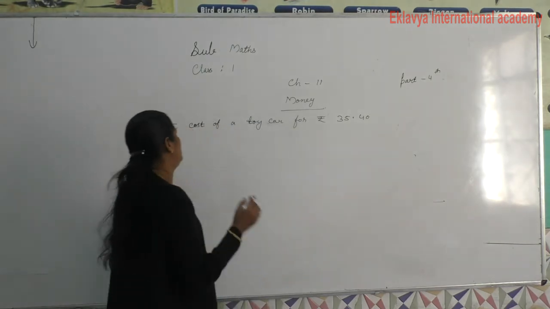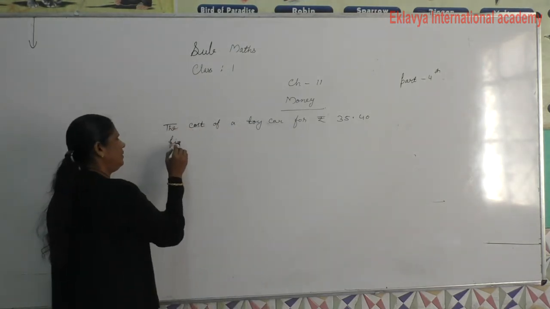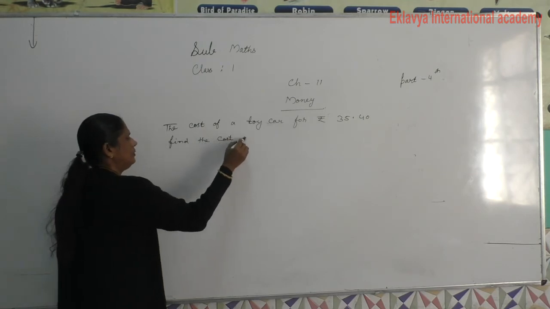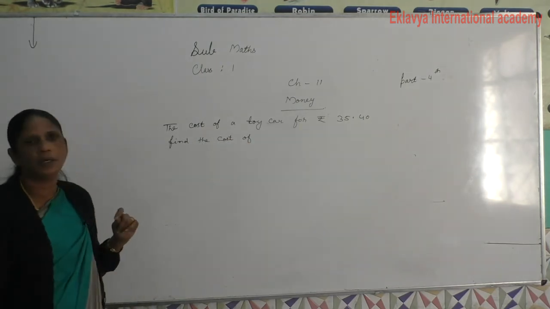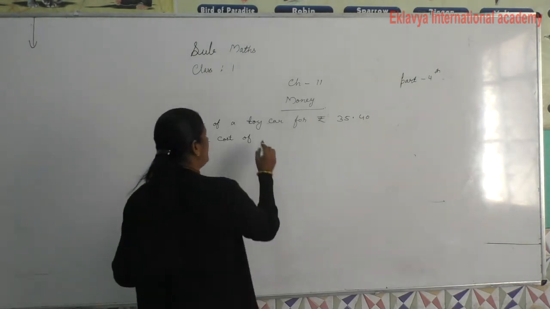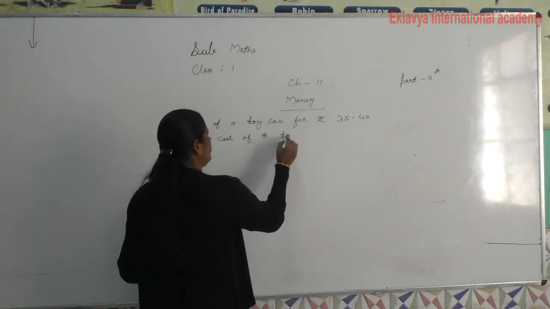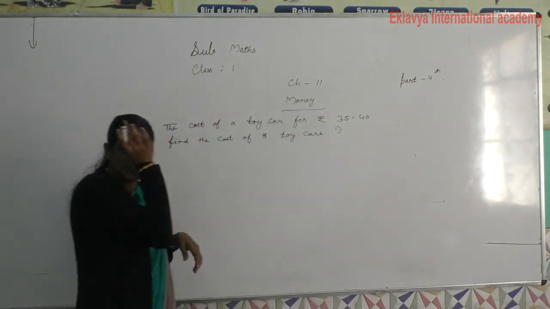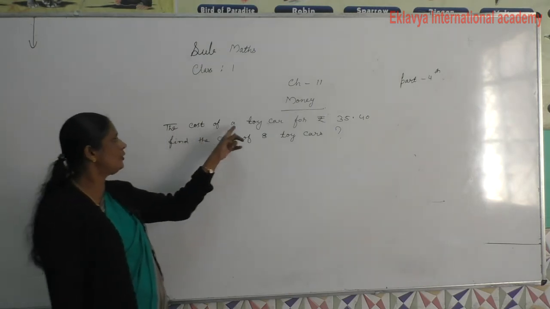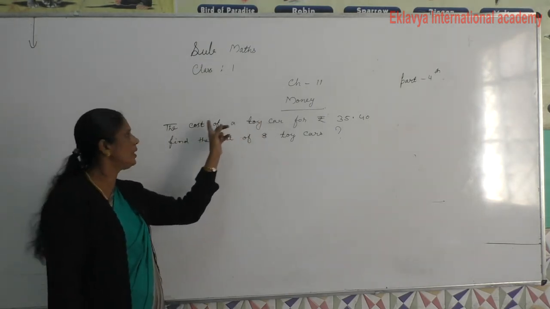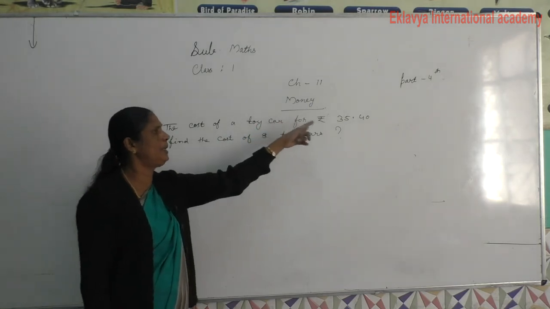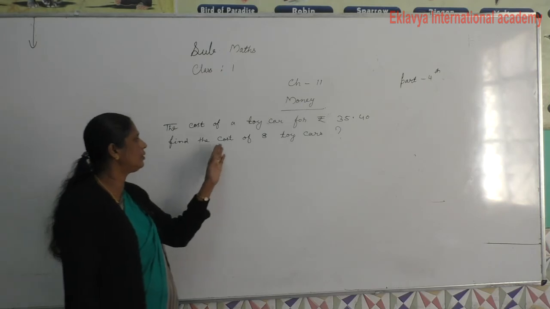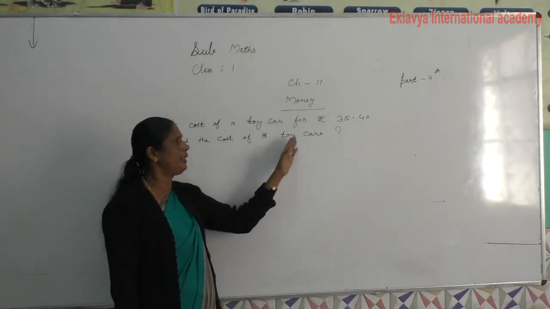Find the cost of 8 toy cars. Listen, the cost of a toy car is rupees 35.40. Find the cost of 8 toy cars.